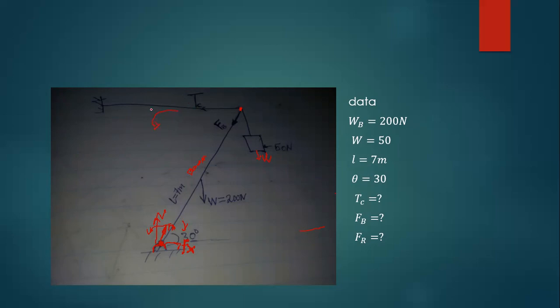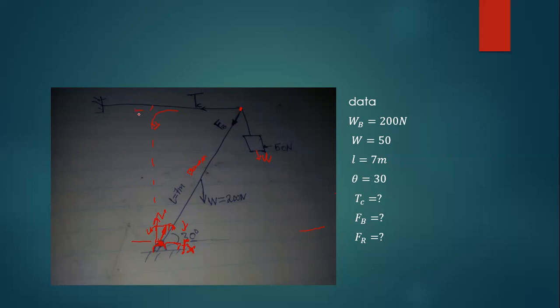So it's going to cause a rotation in that direction. And again, which one is our perpendicular distance? Our perpendicular distance is this distance, all the way to the hinge.